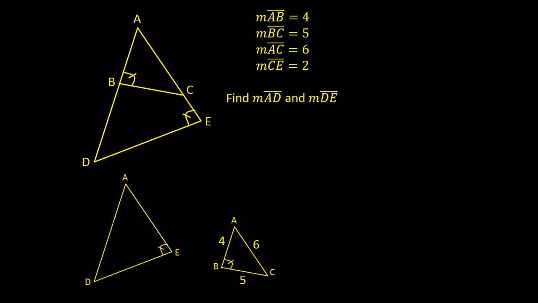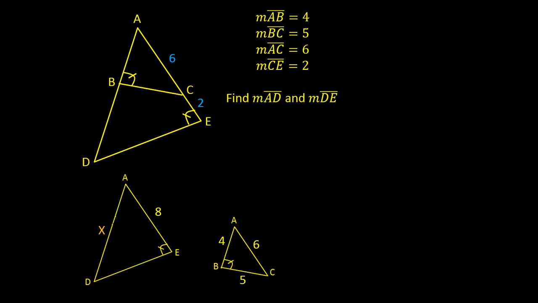Now in the large triangle, we haven't been given the lengths of any of the sides directly, but indirectly we have been given the length of one side. That's because we were told that the length of CE is 2. We also know that the length of AC is 6, and those two lengths together make up the length of AE, which is 8.